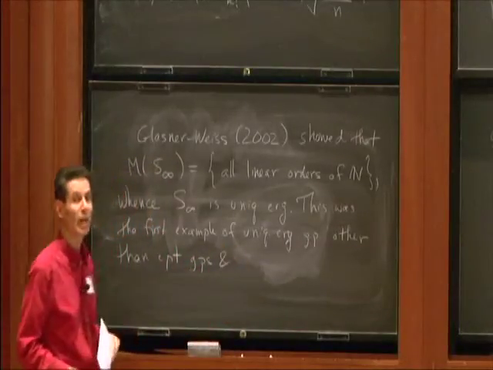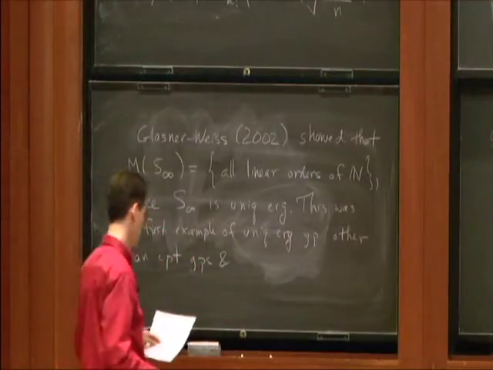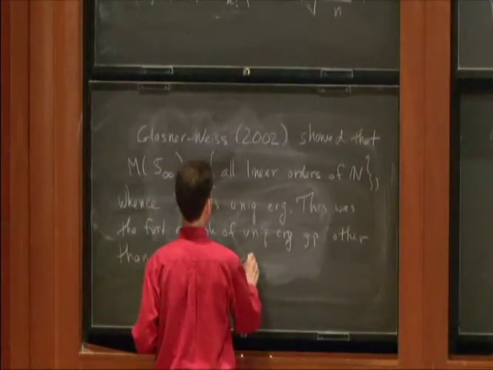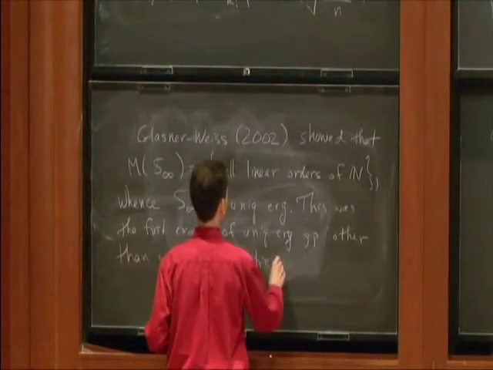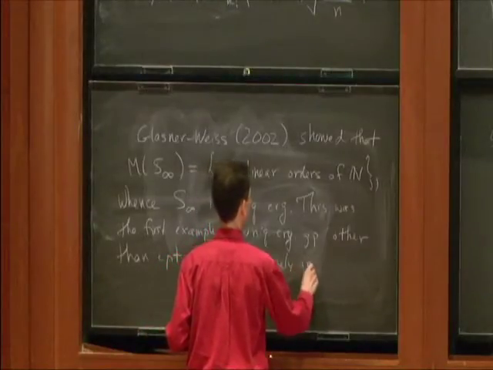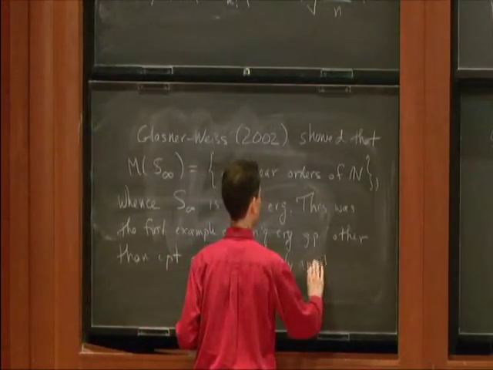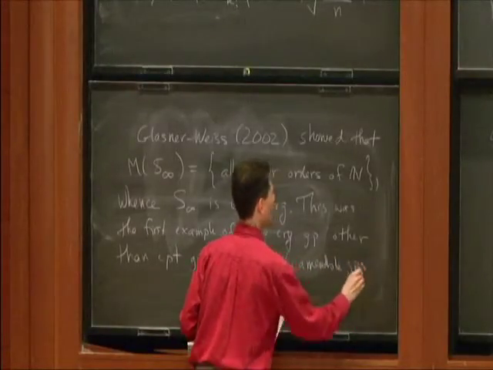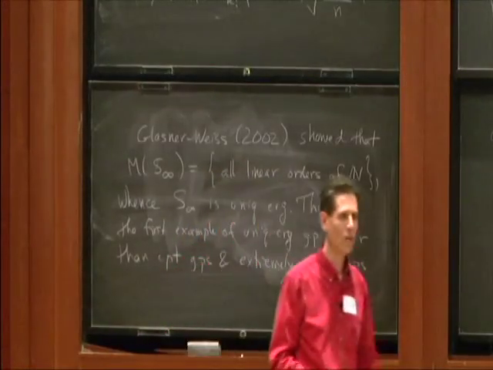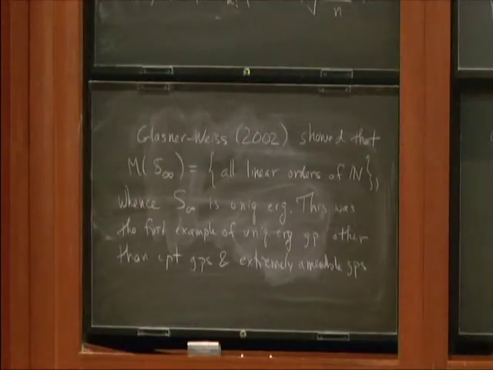And there's actually one other class which I didn't mention, whose behavior is even more extreme, and they're called extremely amenable. An extremely amenable group is one such that every action on a compact space has a fixed point. So there's an invariant measure, which is a delta measure.